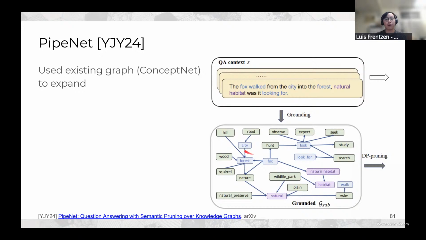For example, city may be connected to road, or forest may be connected to hill, wood, and squirrel. So they are going to use an existing graph that people already made to expand so that you could host more concepts in your knowledge graph.